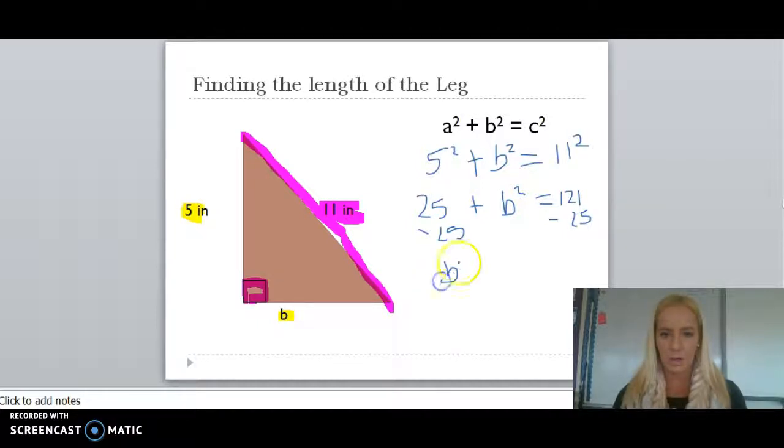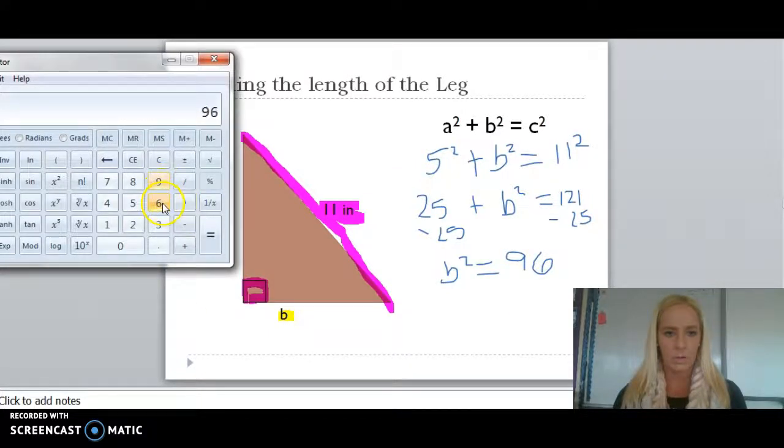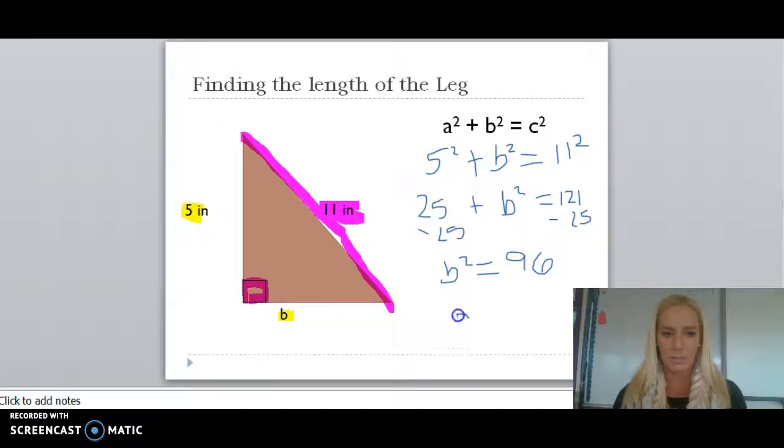I'm left with b squared equals 121 minus 25, which is 96. I'm going to take the square root of 96, which is about 9.7 inches. That equals b. And circle your answer.